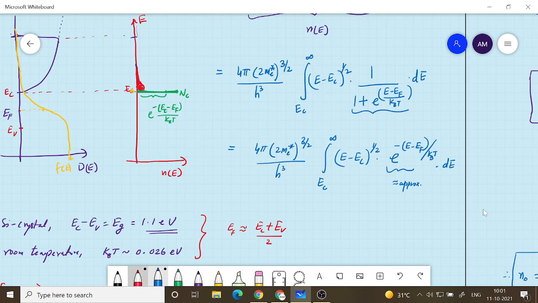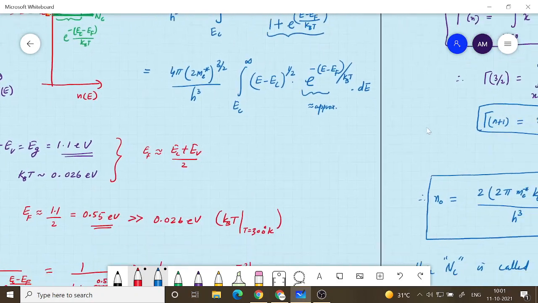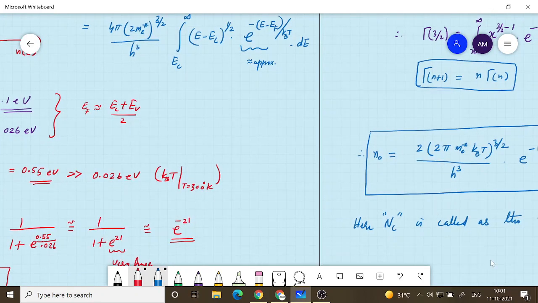At E equal to EC, all the electrons are staying, and the number of them there is given by NC into e raised to minus EC minus EF by kT. Therefore NC is called the effective density of states.